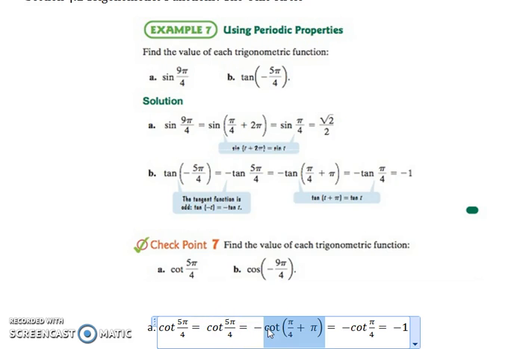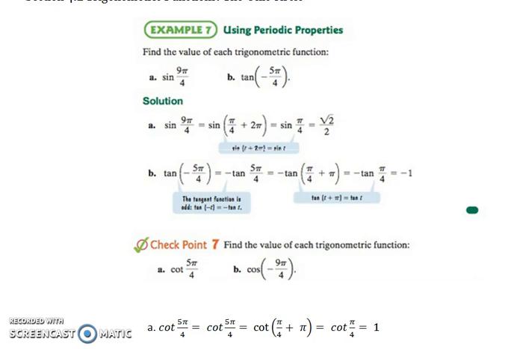Sorry. Darn it. Okay, so the cotangent of 5 pi over 4 is the same as pi over 4 plus pi. So that makes it the cotangent of pi over 4, same thing as 5 pi over 4. And that is positive 1. Again, I'm not sure why I put the negative in there. So really, this doesn't need to be there.